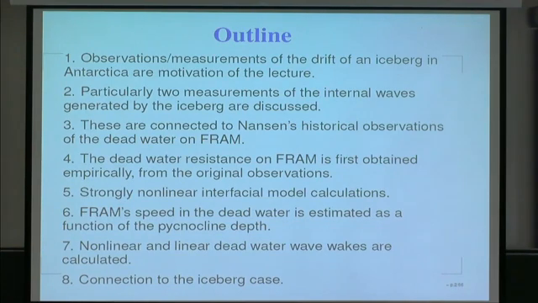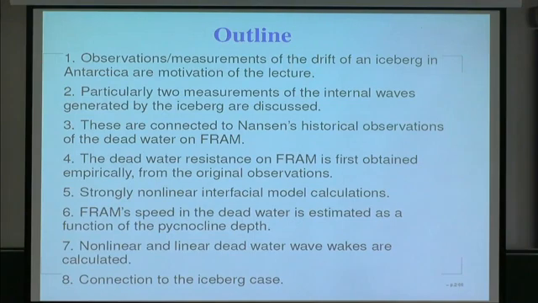That is continued in point 2, and then I switch to the case with the historical dead water of Nansen. This is really the origin of the dead water, and the connection is really spot on. Some of you have heard me speak about that, but I have some new computations which add to what I did a few years ago.